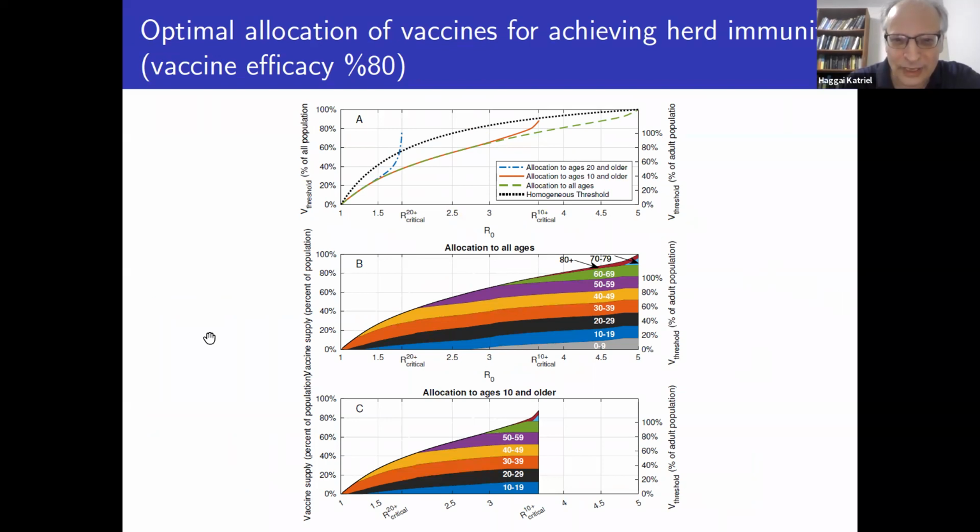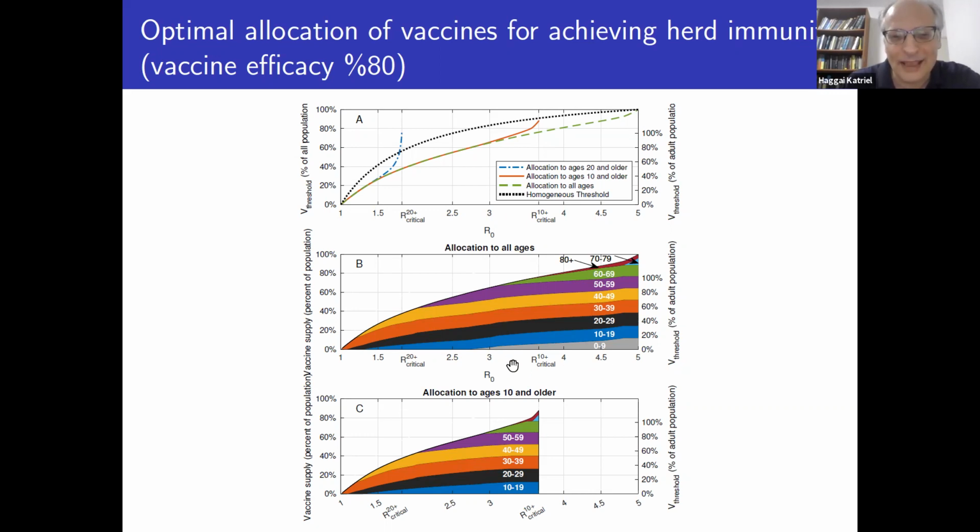So what you see here is, for example, if you look at the middle panel, for each value of R naught, we do a numerical optimization to find what is the allocation of vaccinations among age groups that will allow us to reach herd immunity with the smallest number of vaccinations.